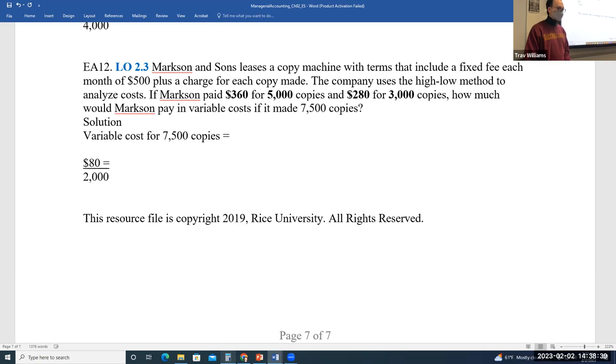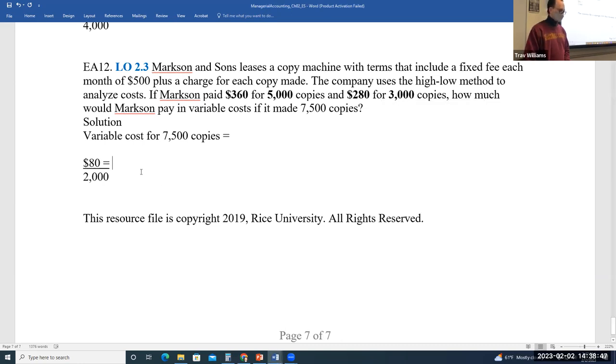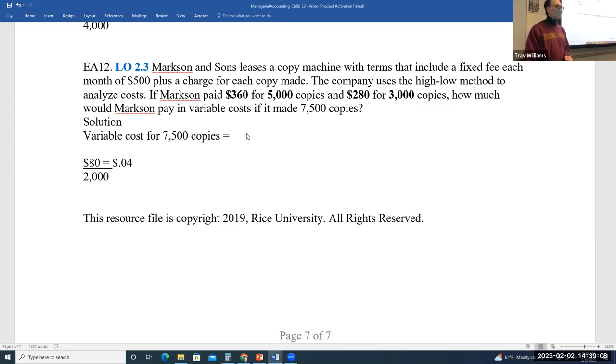They must lease from the same company as exercise 11 because we get 4 cents per copy. Okay, that is our variable cost per unit, right? But in this question, it's asking for the total variable costs. So now what do we have to do? Multiply it by the number of units, right? And so our answer is $300.